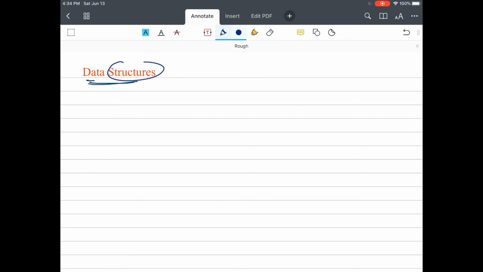Just a very simple example: let's say one algorithm uses one data structure and it works in O of n time, versus another that takes O of n squared time, where n is the number of data points. So if you have n equal to 10, let's say one data point takes 1 second.